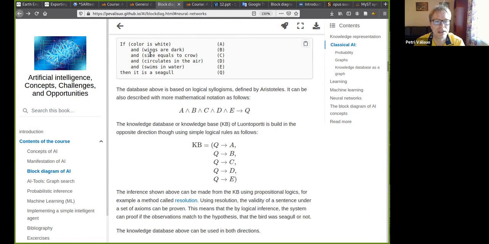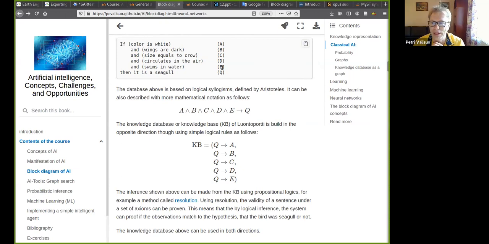But still, it's a little bit difficult to answer these questions. Were those wings dark or not in seagulls? And also, if you just select one wrong fact here to be true, then you cannot find the correct bird.